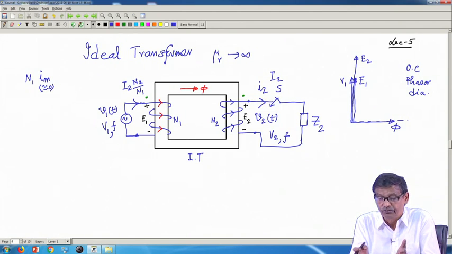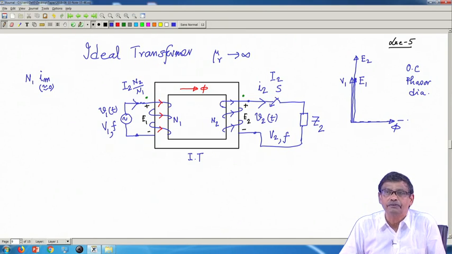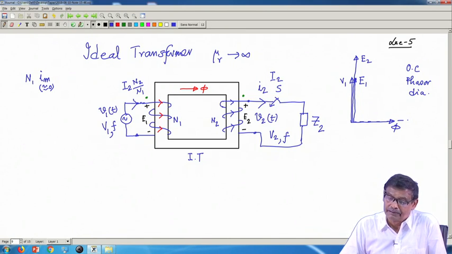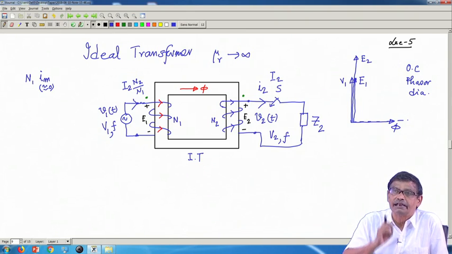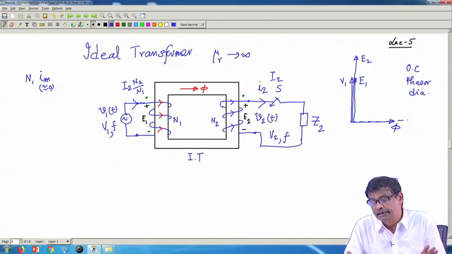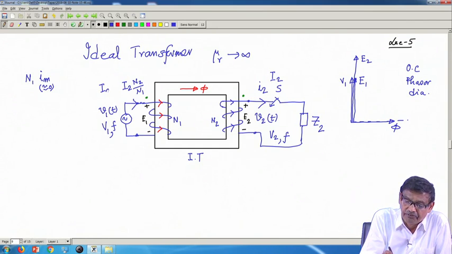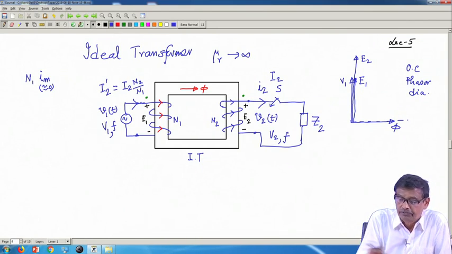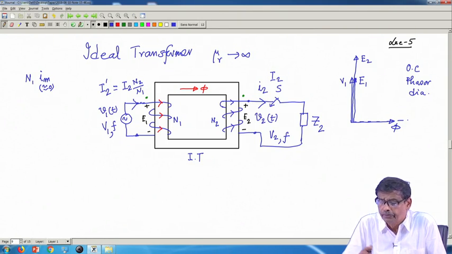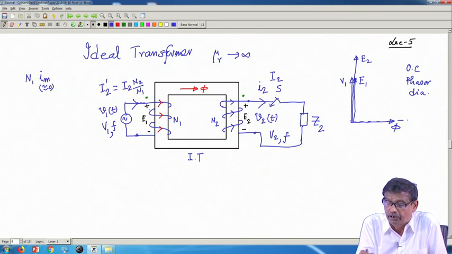Therefore, these two MMFs cannot result in flux, and the primary's original vanishingly small magnetizing current will produce the necessary flux. Is that clear? Therefore, if you load the secondary, the primary will draw extra current, and this is called the reflected current drawn from the supply. Mind you, all the EMFs follow the dot convention we discussed, like polarities: if at any instant this is plus, this will be plus.